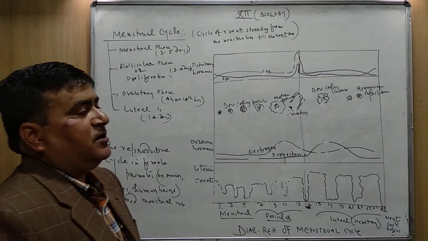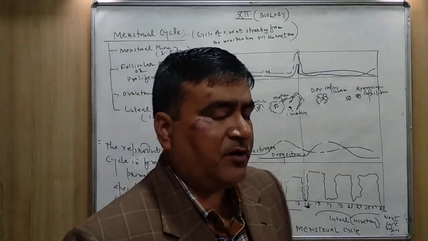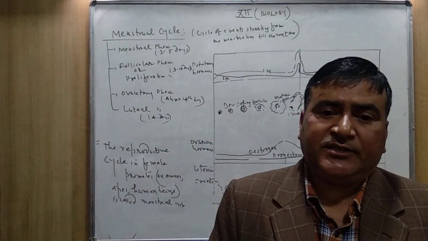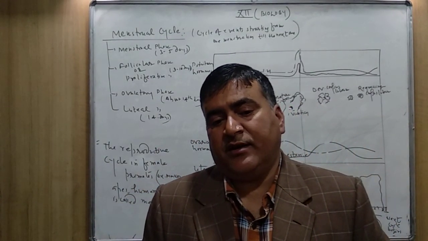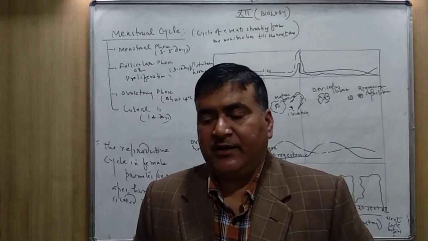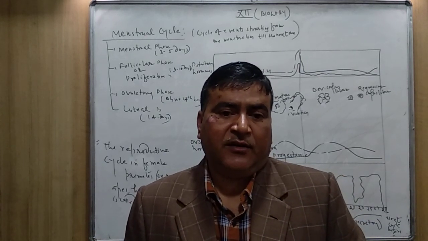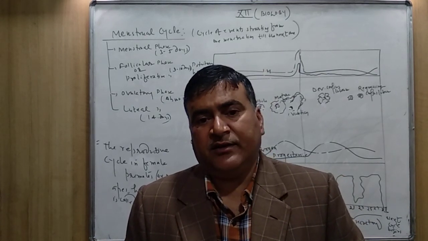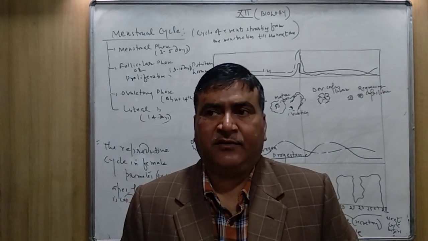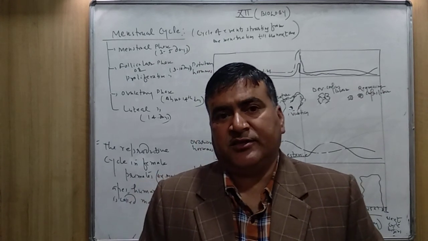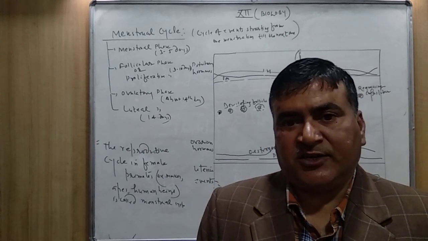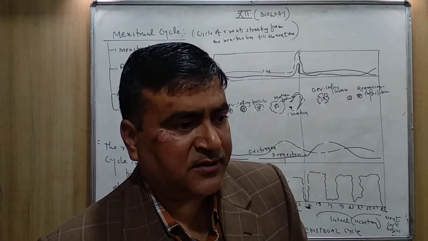And tomorrow I will teach you the next topic, that is fertilization, then embryonic development, embryo formation, lactation. So very soon, I think within 1 or 2 classes, this chapter will be completed. Then I will start the next one also. So thanks to everyone.